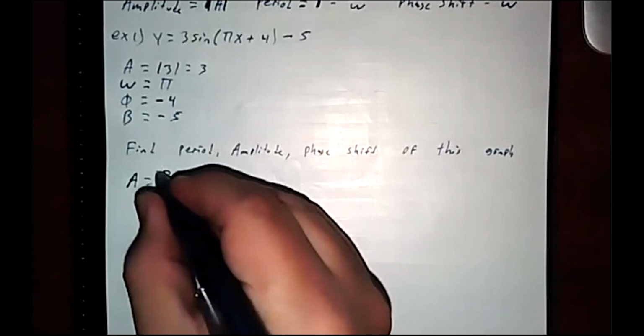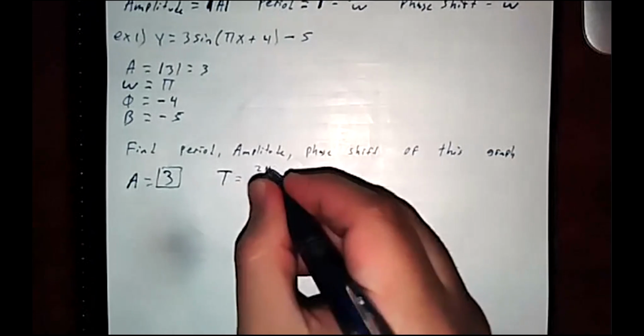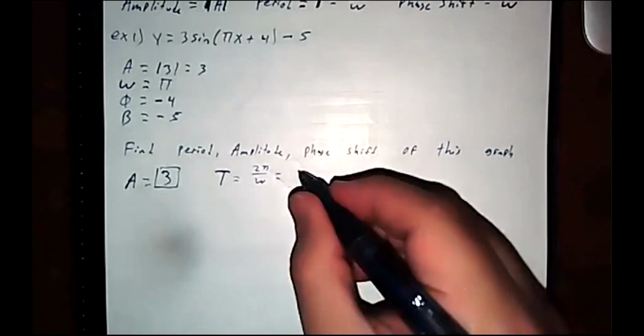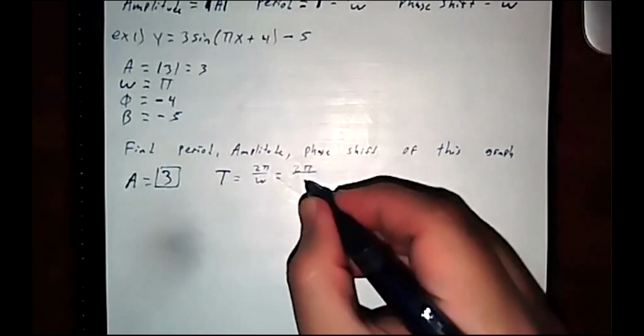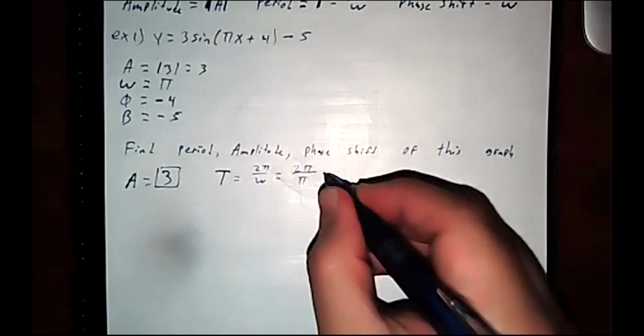Let's see here. All right, so where do you have amplitude, right? Okay. So A is 3. What is the period? T is 2 pi over omega, right? Two? Yeah, it looks like it, right? 2 pi over pi, which is 2.